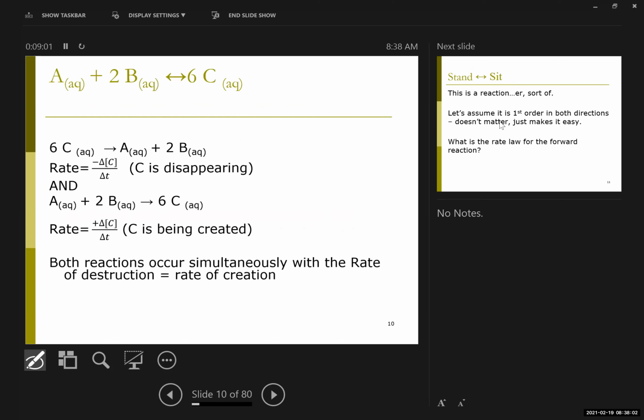From a kinetic standpoint, my point of balance is the point at which the forward rate and the reverse rate balance each other. And so I can think of my reverse rate as being the undoing of the products, and my forward rate as being the making of the product.